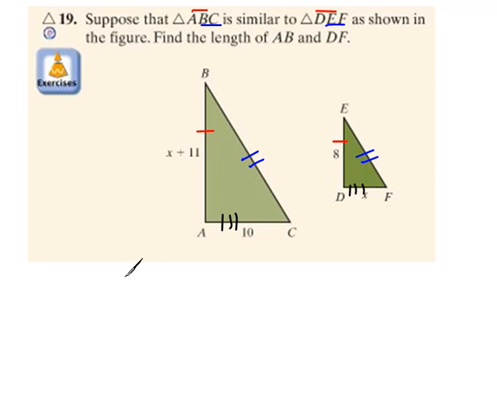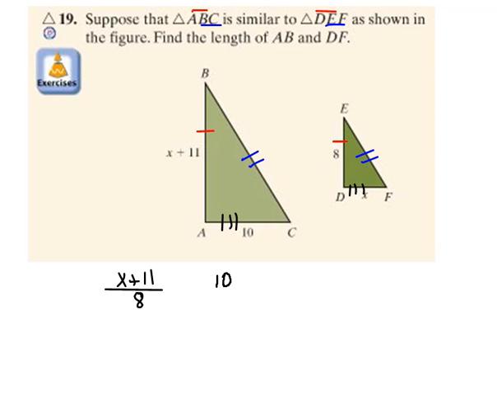Or we could say that x plus 11 can be compared to the side that is 8 units long. And then likewise, the side that I've marked in black here, we can also say is proportional for both the triangles. So since I named this big triangle first in my first ratio, I have to name it first in my second ratio also.